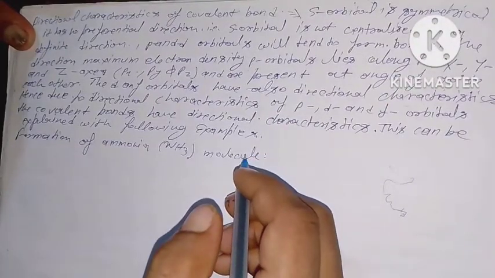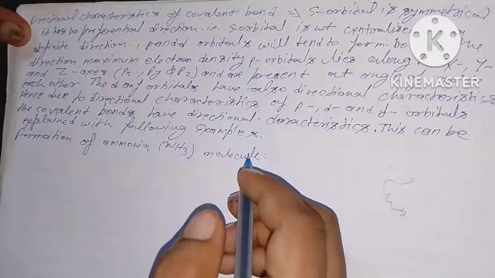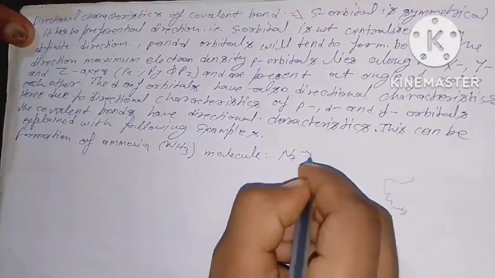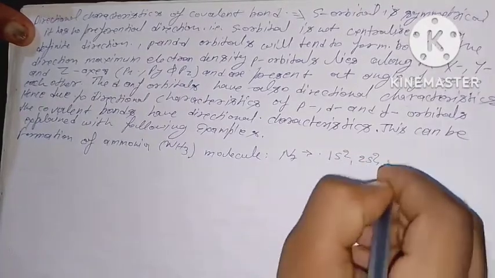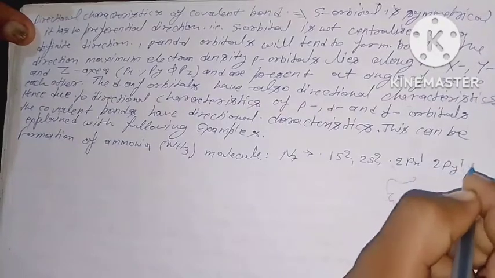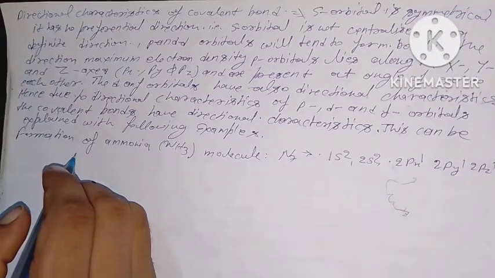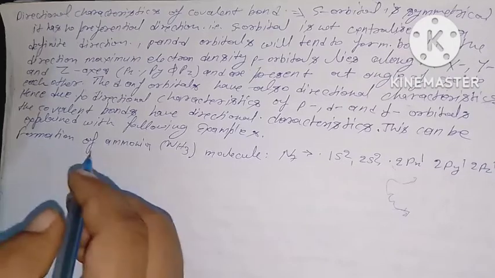In the NH3 molecule, the central atom is N. The electronic configuration of N (atomic number 7) is 1s2, 2s2, 2px1, 2py1, 2pz1. N has 5 valence electrons, out of which 3 are unpaired electrons.